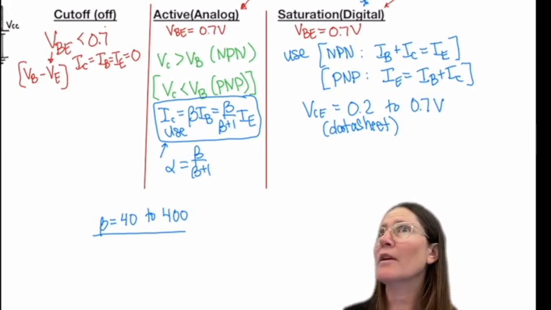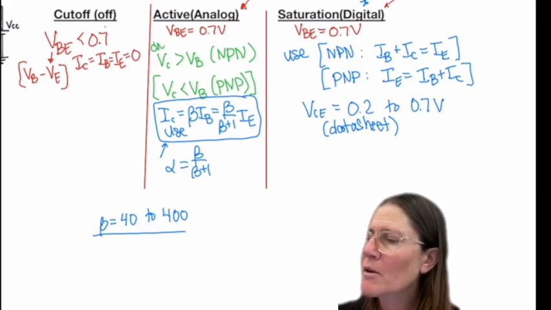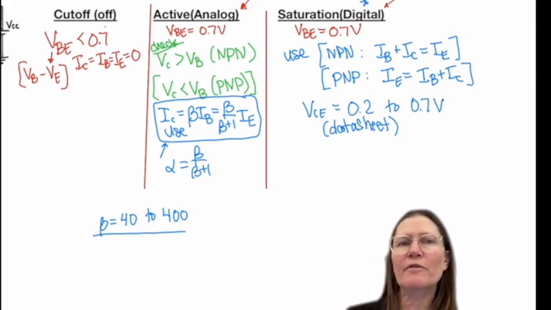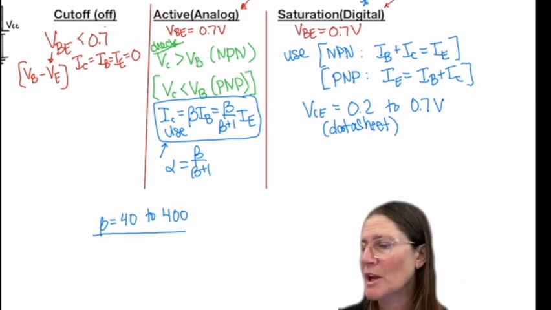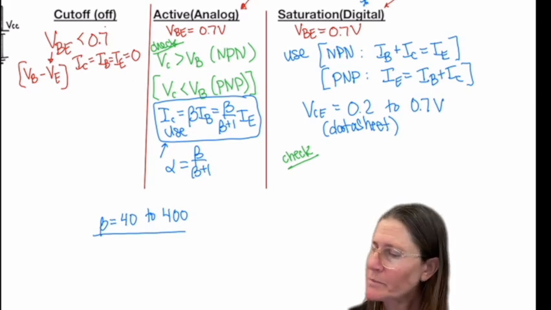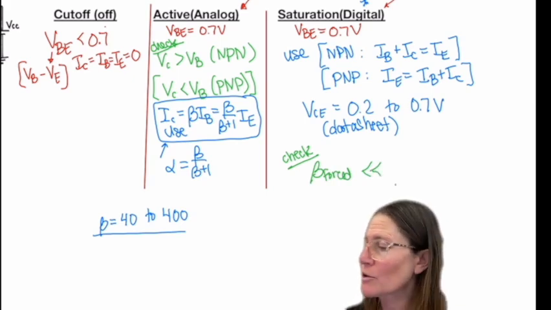Okay. One other check. Here the check for the state is if your voltage at your collector is greater than your voltage at your base for NPN. The check for saturation in digital is that beta forced is a lot less than your normal beta.